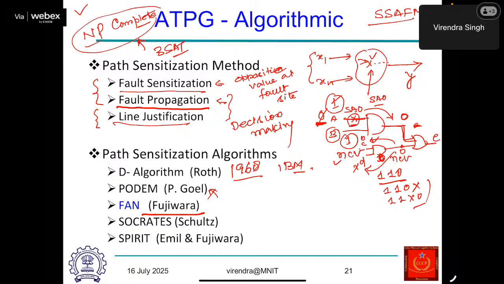The problem with the XOR gate is that there is no controlling value in an XOR gate. All are non-controlling values, and that makes it difficult, because if I apply 0 0 and it fails, I have to revert both of the inputs to 1 1. So both inputs have to change from 0 to 1, which makes it much more difficult.